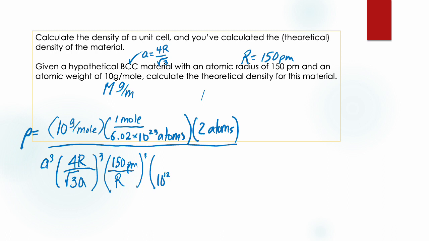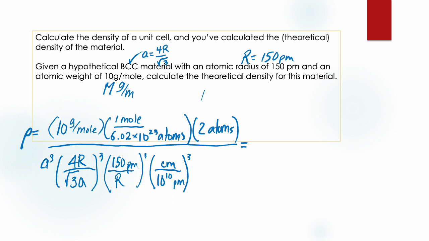Well, how about this? Rather than having to convert to meters and then back to centimeters, let's just say that there are 10 to the 10 picometers in 1 centimeter. And we'll cube that. So picometers cancel, and my denominator is now cubic centimeters. That's all good.